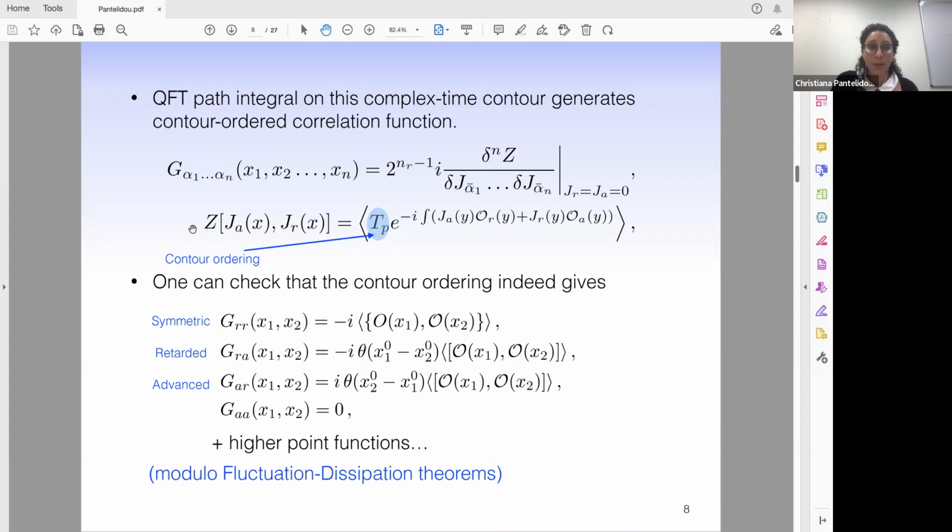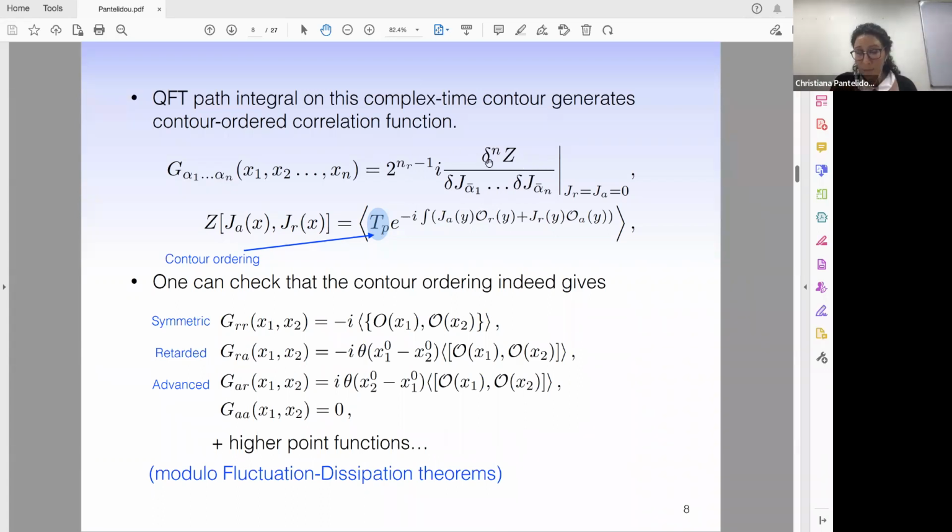And once we have this at hand, then it's pretty simple to compute the n-point correlation functions. Essentially, you just vary this quantity with respect to the sources n times, and then you get the n-point correlation function just like what you see here.